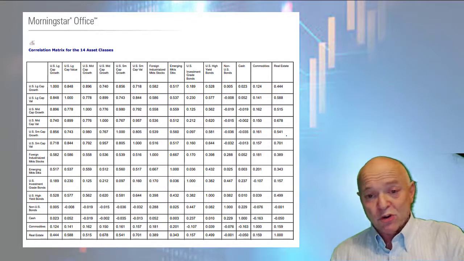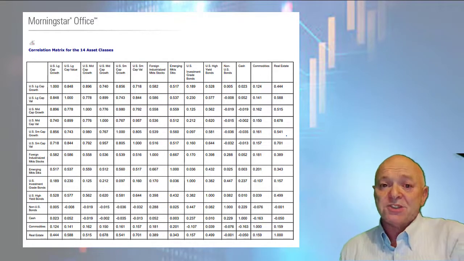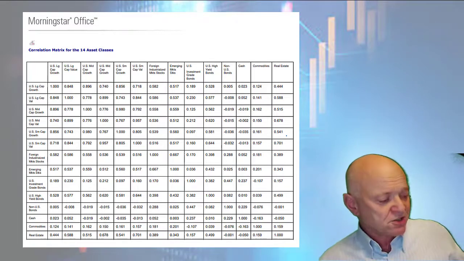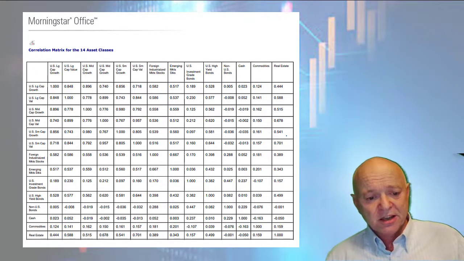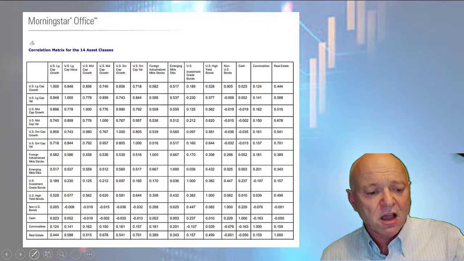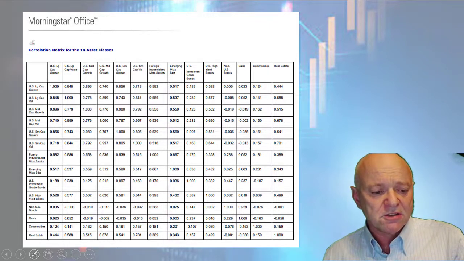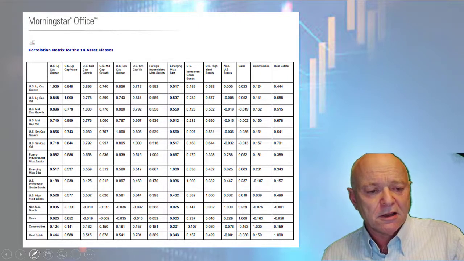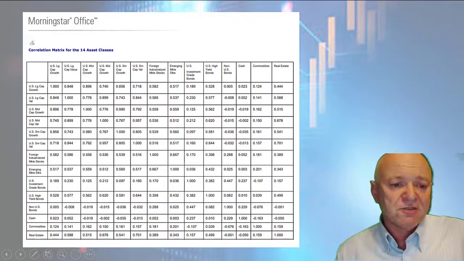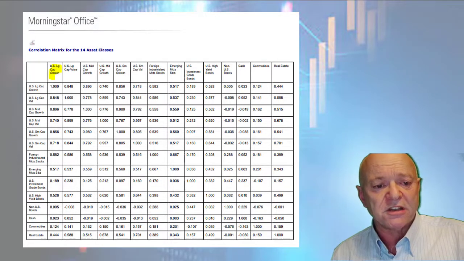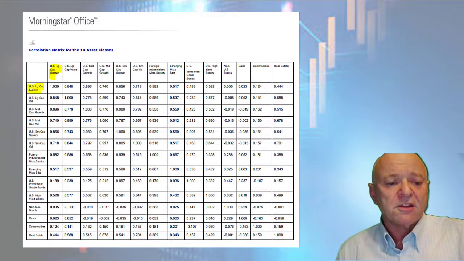When we talk about correlation, correlation doesn't just happen between stocks, it also happens between types of stocks. This is actually a table, a matrix of correlations for a variety of different classes of assets. And both across the top and across the side, you can see we have the same items.